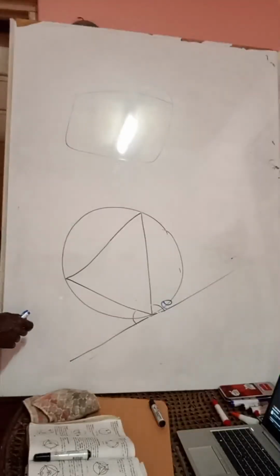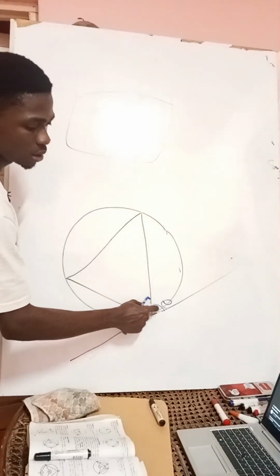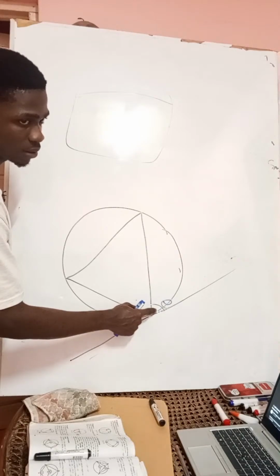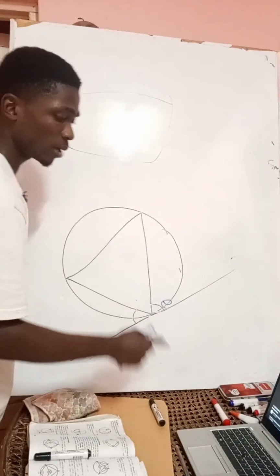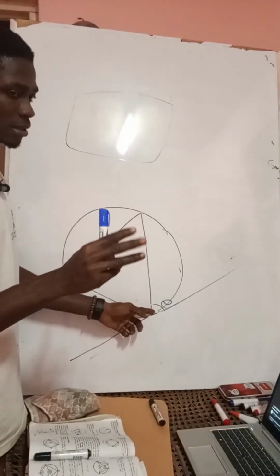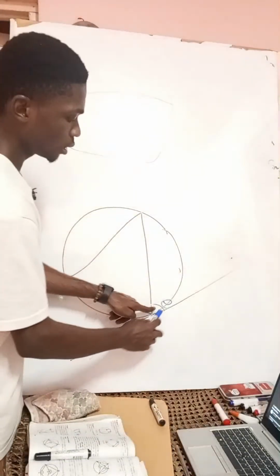This is what you will do. If this is the angle you are considering, the one I've named E, you will start counting the lines. You are counting how many lines? Three lines.